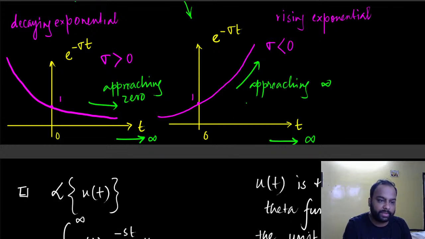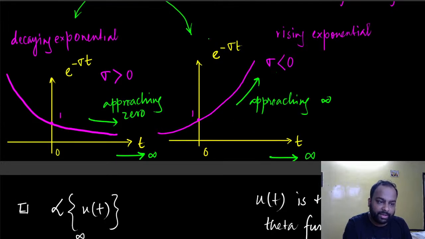Look carefully, right? So when sigma is negative, this is going to be a positive exponential. So when sigma is negative, say -2, this is going to be e to the power 2t, and subsequently when t is positive infinity, that's going to be e to the power positive infinity. And that way this approaches positive infinity.